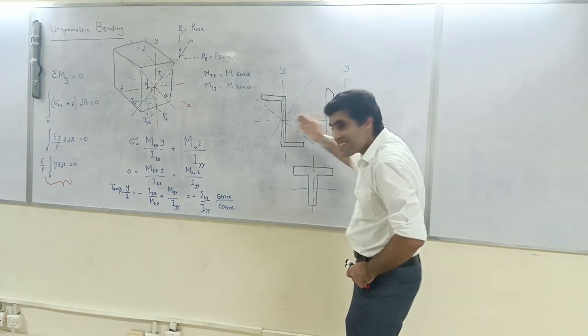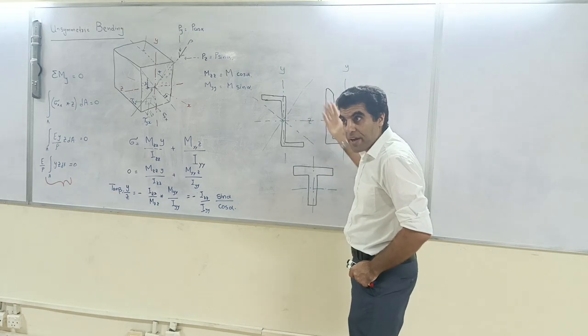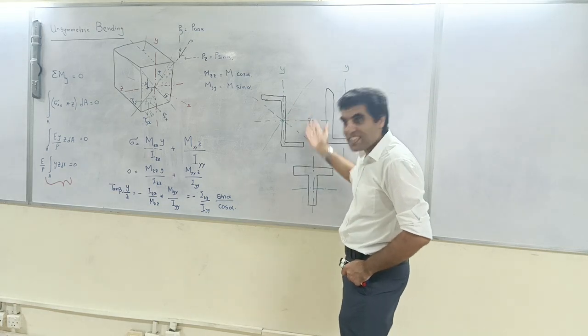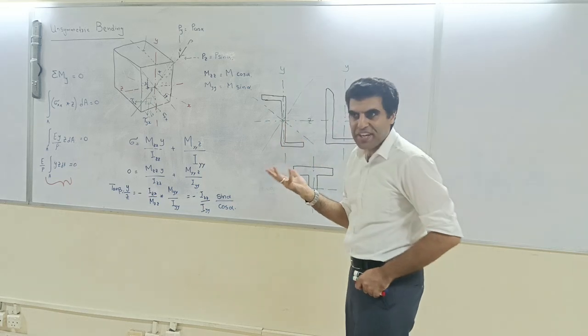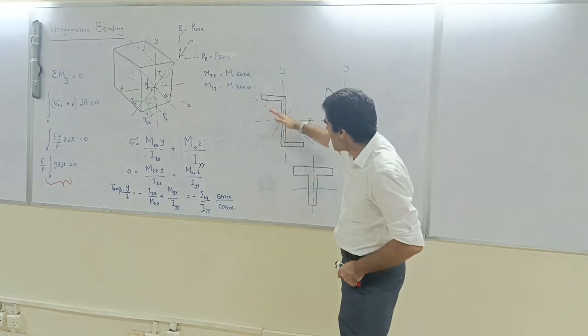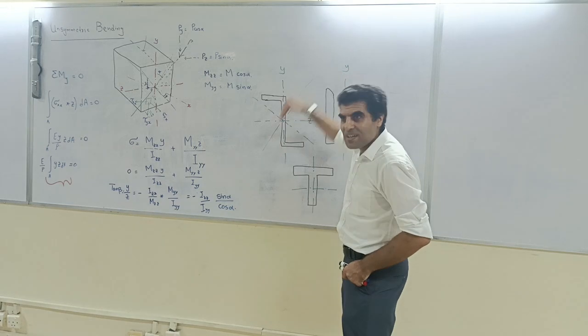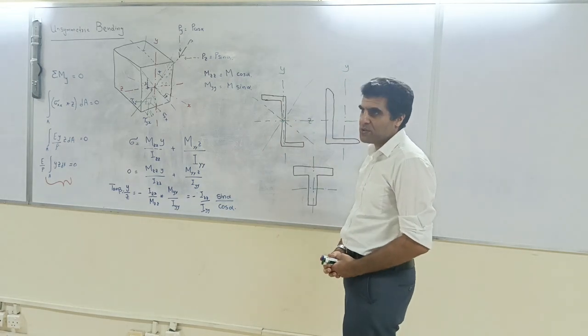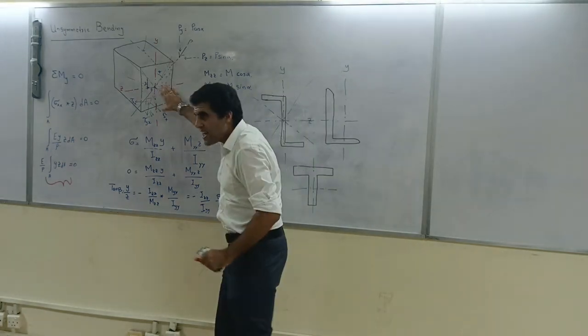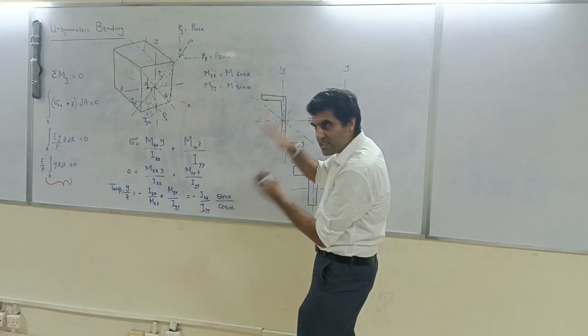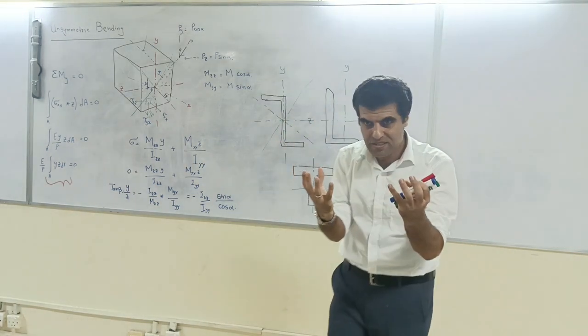But the problem is with these cross sections: if you apply the load at the centroidal axis, you will automatically get unsymmetrical bending. So you have to apply the load on the principal axis, and you have to find that. Can you distinguish this thing and this thing? These are two different. Can you see that?